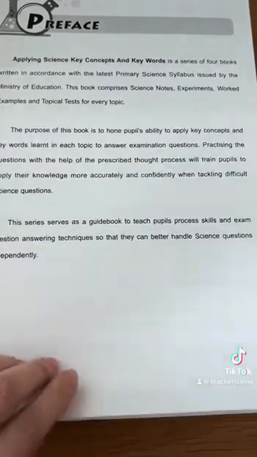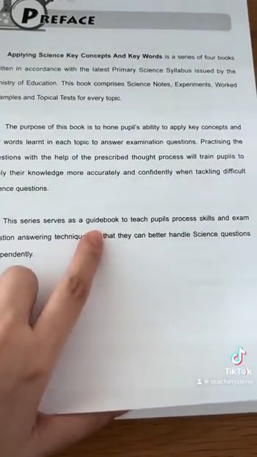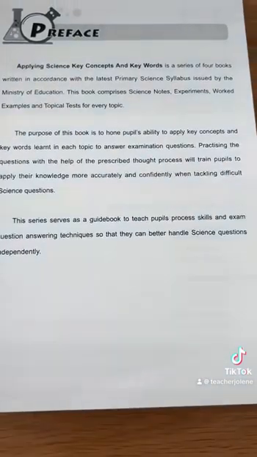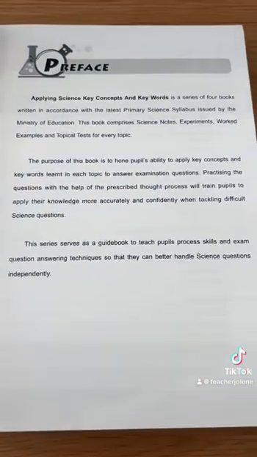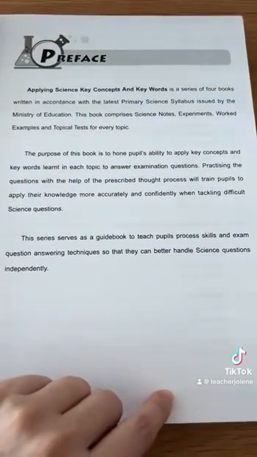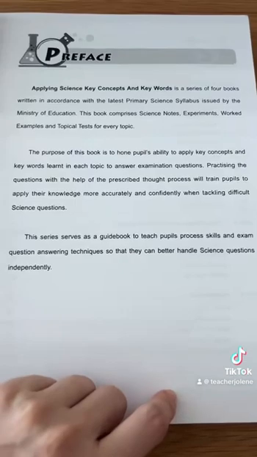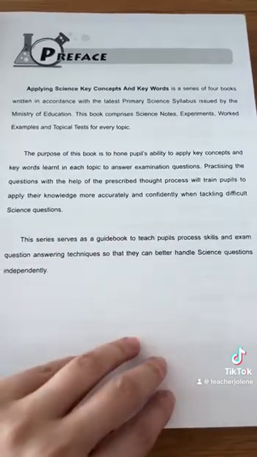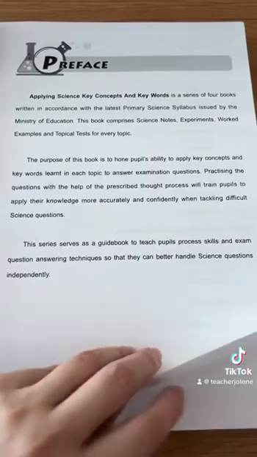It also says that it serves as a guidebook to teach process skills and exam question answering technique. Honestly, at this point, as a science teacher reviewing this book, I was like, whoa, big objectives. A lot of objectives covered in this book. If the book could cover all these objectives as stated, then I would think that $13.80 is well spent.